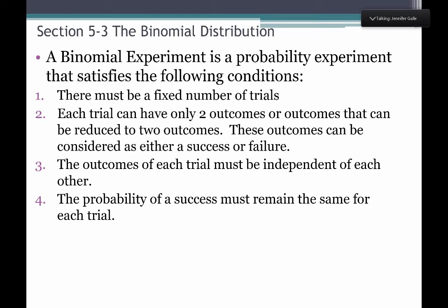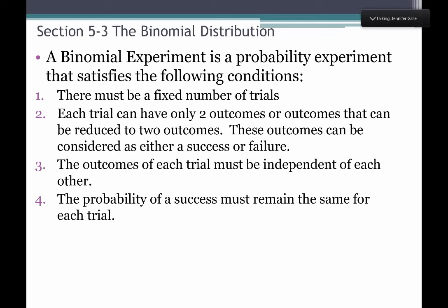When I draw my first card out, the probability that I get a red card is a half. The probability that I get a red card for my second draw has to still be a half, or my third draw, my fourth draw. It has to stay the same for every trial. My probability cannot change.